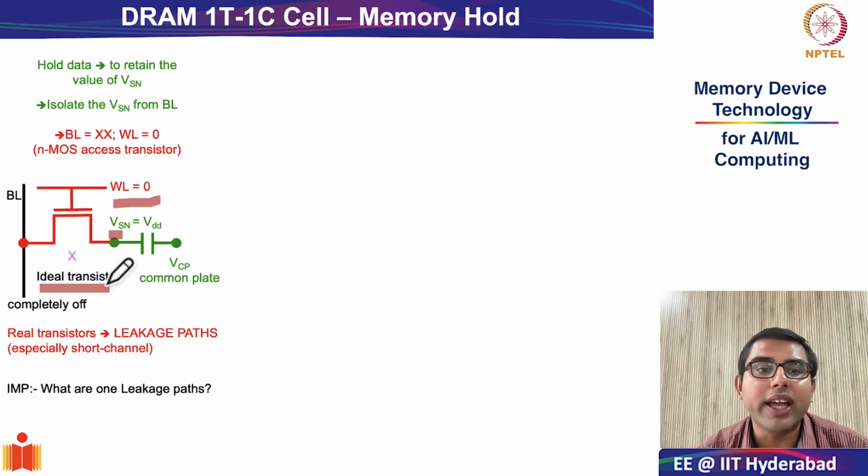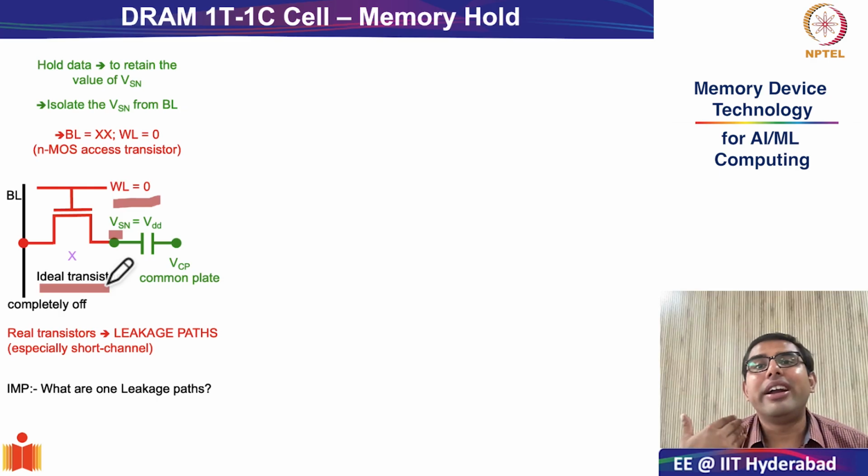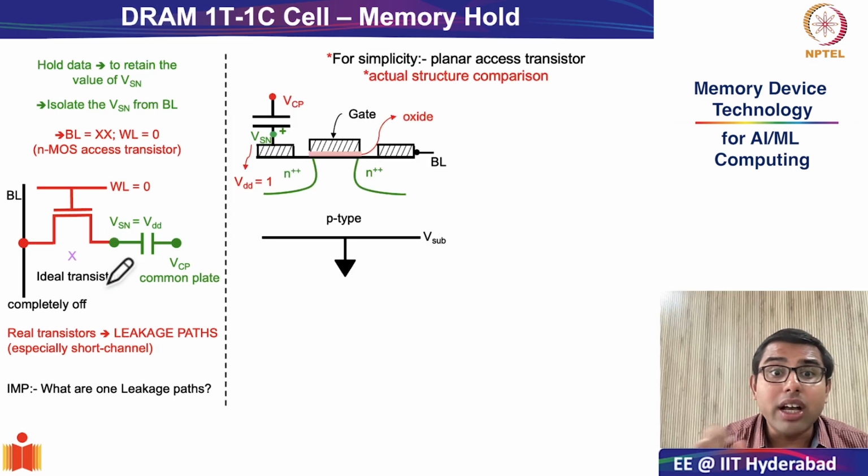This is just something to keep in mind, that the leakage paths become even worse when we go to smaller and smaller dimensions. So it becomes very important to be able to control these leakage paths. Otherwise, you will have to refresh your DRAM at very short intervals. So this is why studying the leakage paths is very crucial.